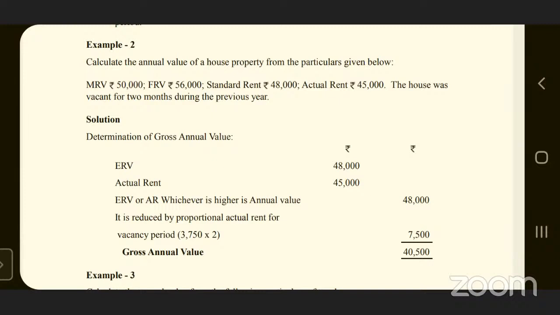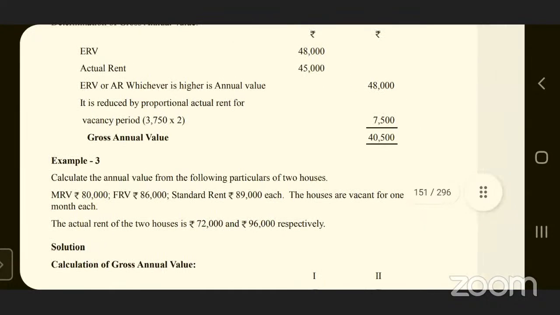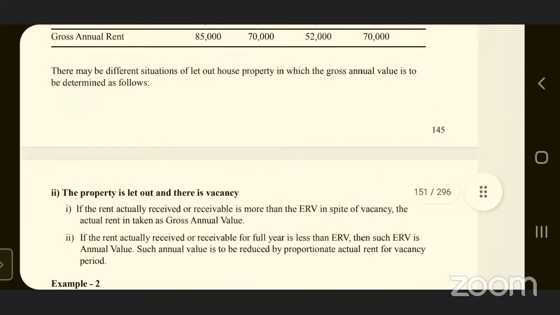Here 2 months is the vacant period. So 3,750 multiplied by 2 comes to 7,500. You need to deduct that amount from 48,000. So this will be the gross annual value when the vacancy period is there.